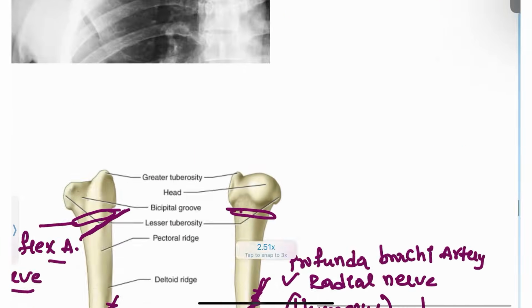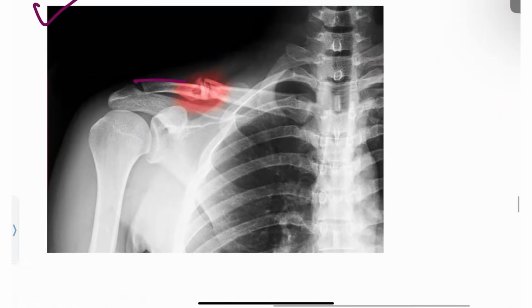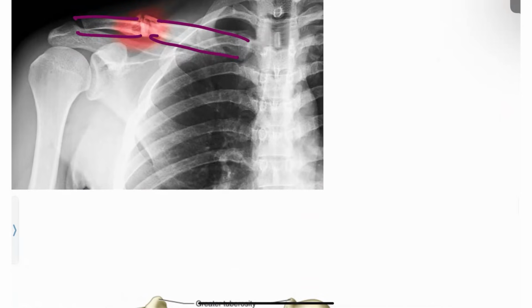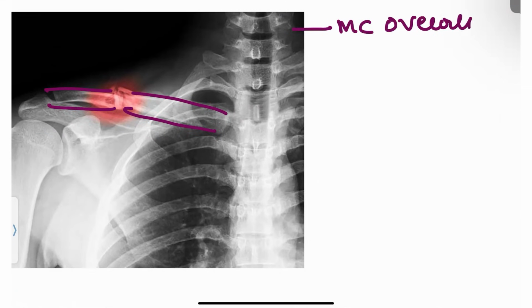Next, another one, the last topic. What is this structure? This is the clavicle. If there is clavicle damage, especially due to trauma, the most common fracture overall is the clavicle fracture. And what is the junction, guys?